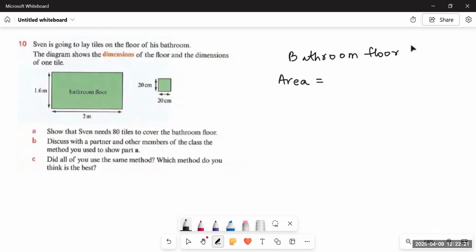What is the area of the bathroom floor? Length multiplied by breadth. The length is given as 2 meters and the breadth is given as 1.6. We will multiply 2 with 1.6 and the answer will be 3.2 meter square.